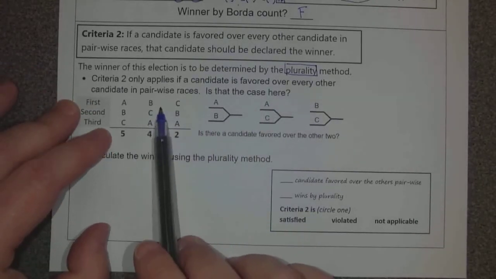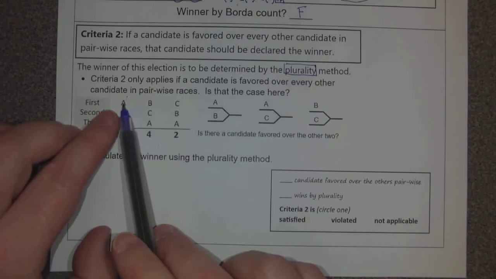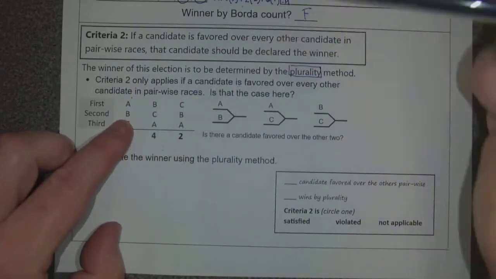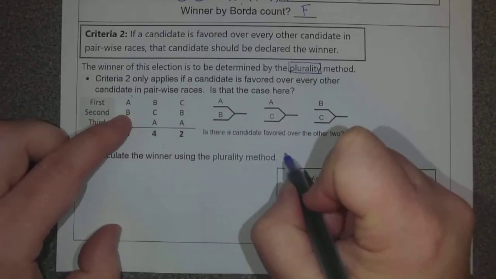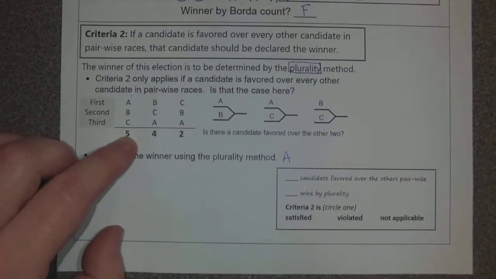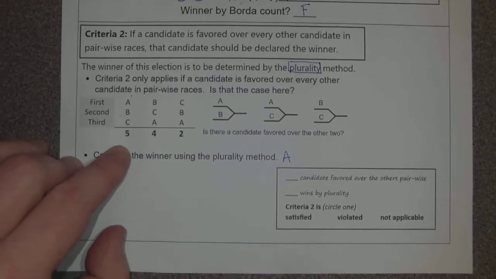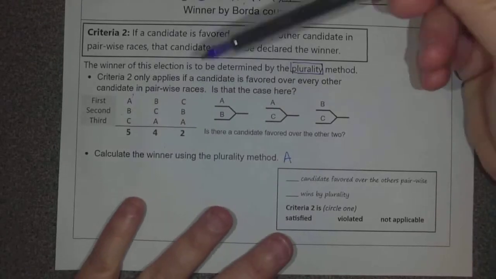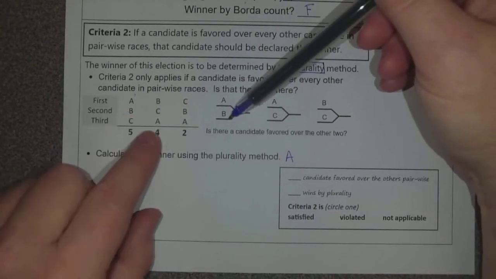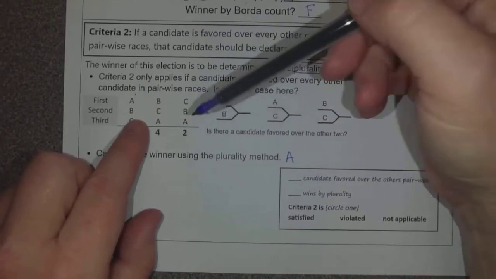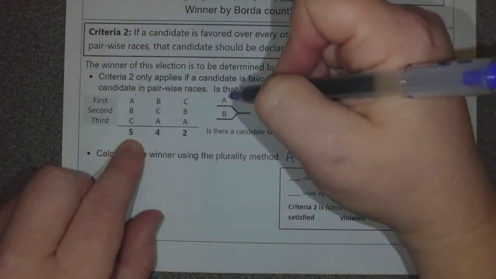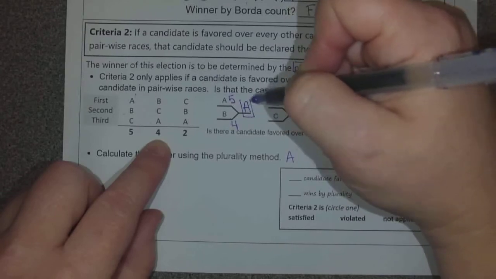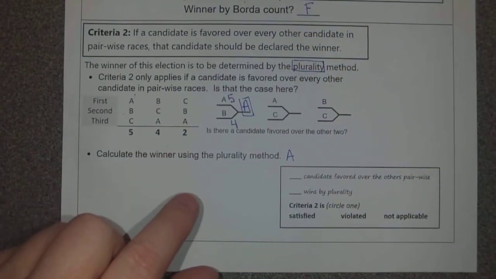First of all, let's see who would win if we just looked at first place votes. So if we're looking at first place votes, A has 5, B has 4, and C has 2. So if we're looking at the plurality method, we know that candidate A won. But now if we compare, if A challenges B, and we're looking at first place votes here, A has 5 and B has 4, then A is going to win because they have more votes.